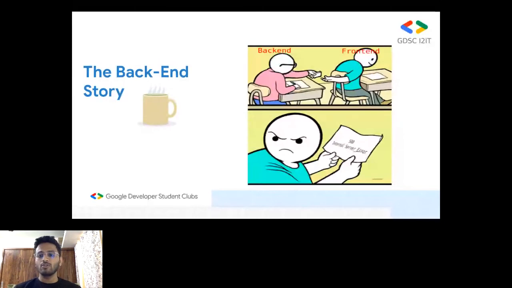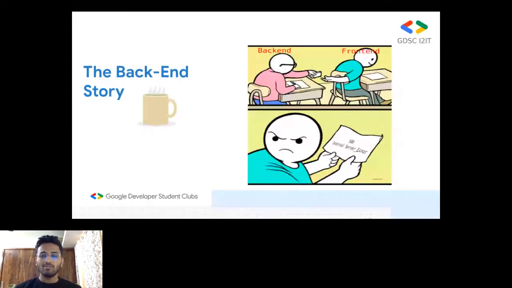But here, instead of cooking food, backend developers write the code that enables the web browser to communicate with the database and the server. The primary role of a backend developer is to ensure that the end user gets the data or the requested service without a glitch and on time.